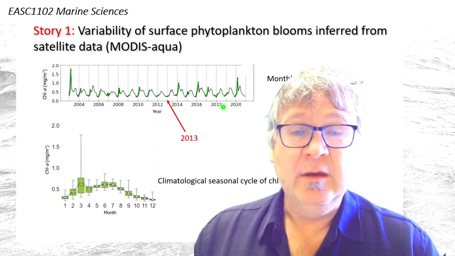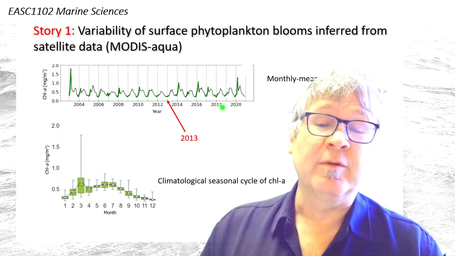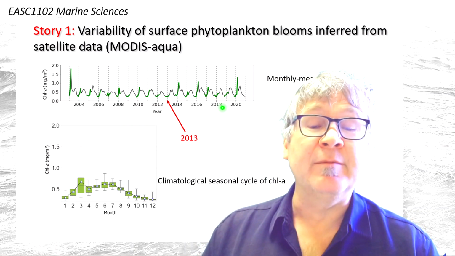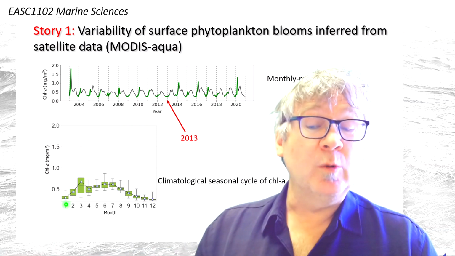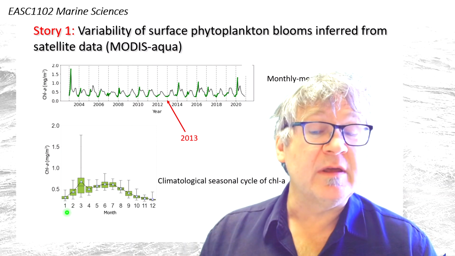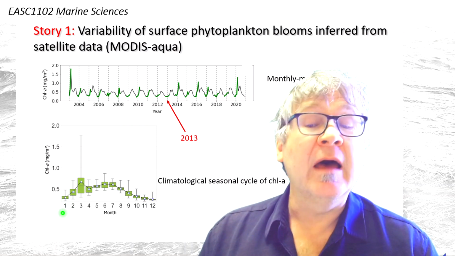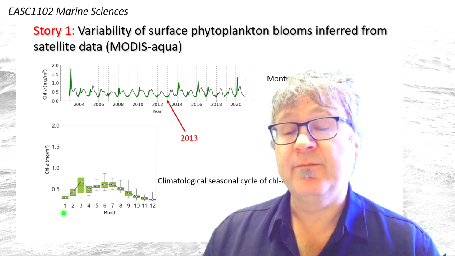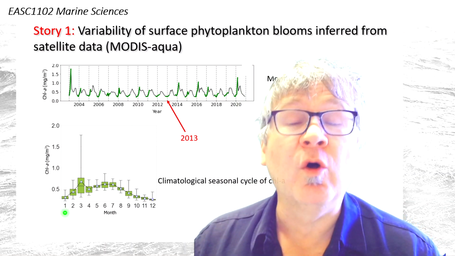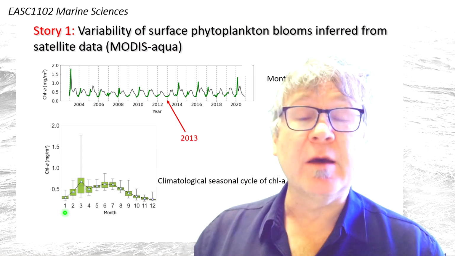But anyway, the other nice thing that you can do with the data is create a climatological seasonal cycle. So this one corresponds to January, and you show the statistics of all January months. This is done in so-called box and whisker plots.